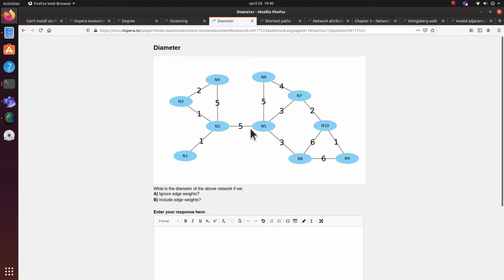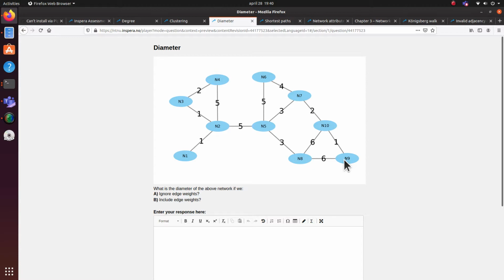So what is the diameter of the above network if we either ignore the edge weights or if we include the edge weights? Now, the diameter of a network is the longest of the shortest paths between any two nodes in the network. That is, we want to find the 2 nodes in the network that are the furthest apart from each other.